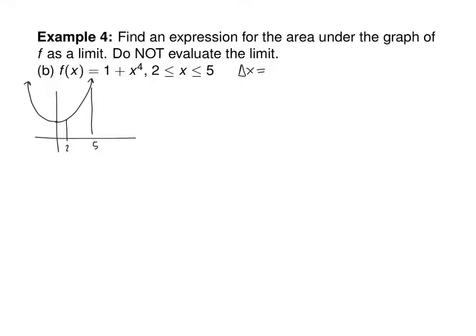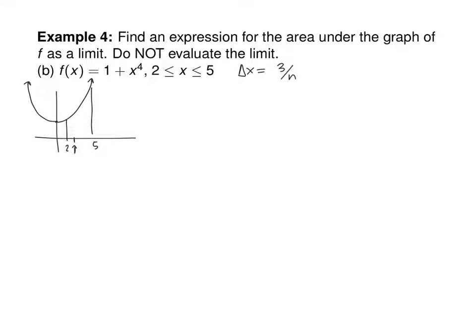So what's the delta x in this case? 3 over n. Do you guys agree with that? It's 5 minus 2 over n. What's this first number going to be? Our other one was 1 plus 15 over n, right?